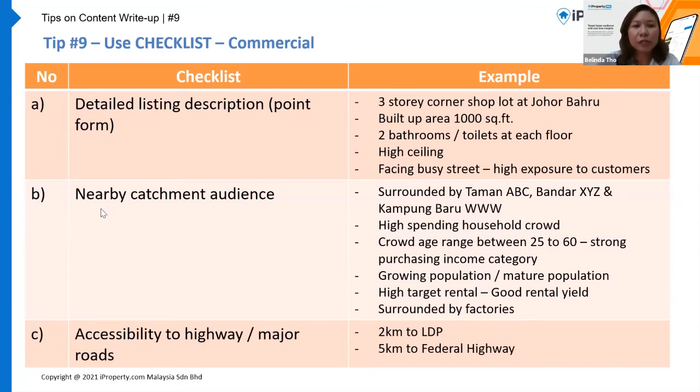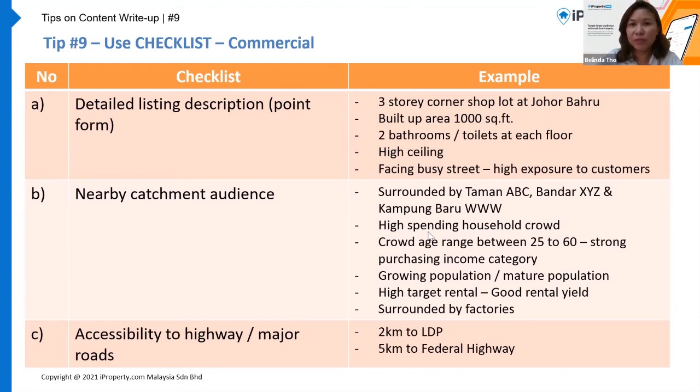So that's why your nearby catchment audience will be very important, whether your property is surrounded by whatever taman or not. After saying that your property is surrounded by Taman ABC, Bandar XYZ or whatnot, you may want to also highlight this is a feature, but what is the benefit? Your target audience or crowd are, how to say, unlimited.